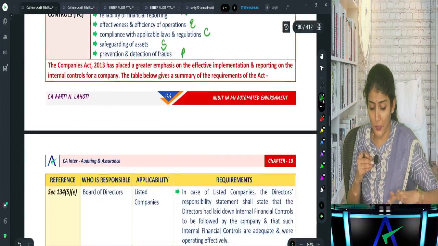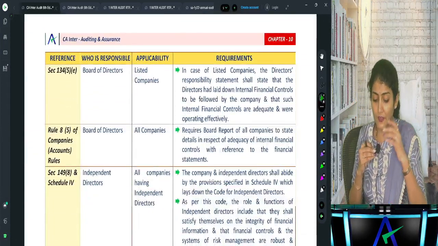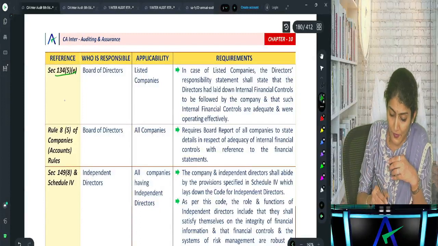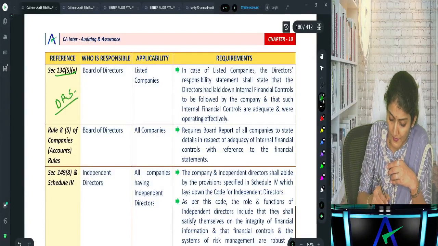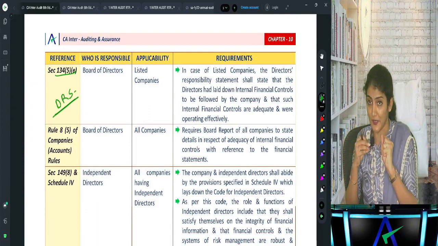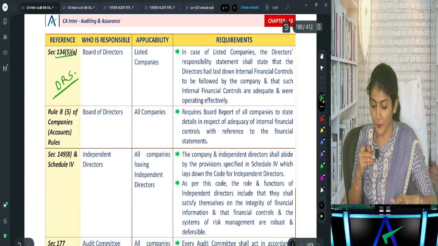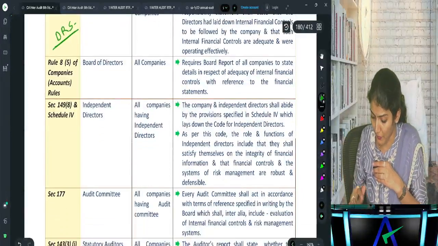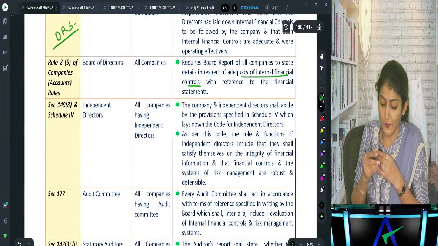Where in company law do you find a reference of internal control or internal financial control? It says 134 subsection 5. What is 134? DRS, the director's responsibility statement. Then also the rule 8(5) of the Companies (Accounts) Rules, which also talks about the adequacy of IFC.